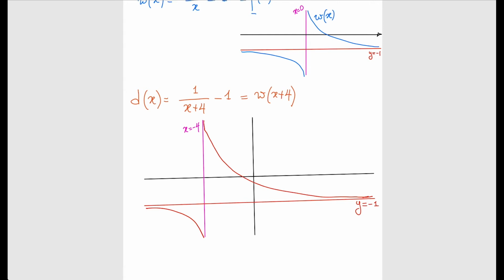Another possibility is this, which crosses at 0. And a third one is going like this and coming down like this, so crossing at the positive side. So you have 3 ways.